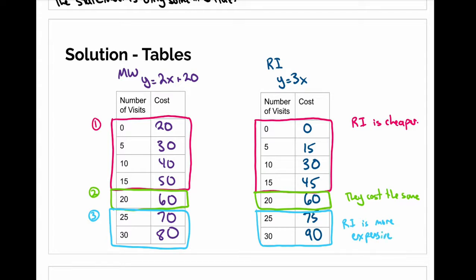So again, using the tables of values, we can use our equations or even the scenario to fill in the table of values and see that there is a scenario where it is sometimes cheaper, where it costs the same, and where it's more expensive.